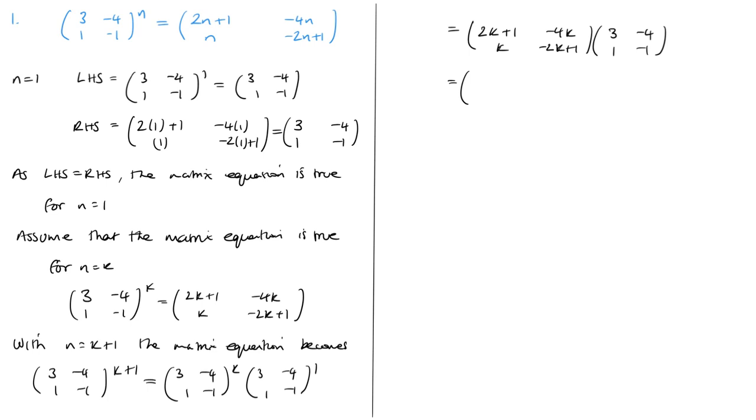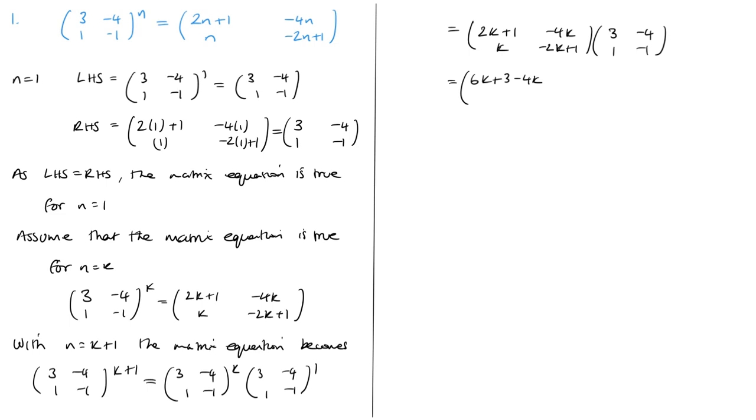So we are multiplying here, so to work this one out, we've got this and this. So this times this is going to give me 6k plus 3 minus 4k. Okay, and then moving across to this point, we're going this way and this way.